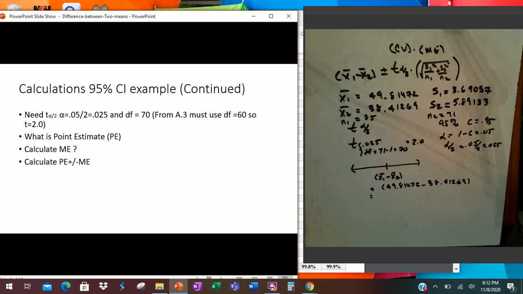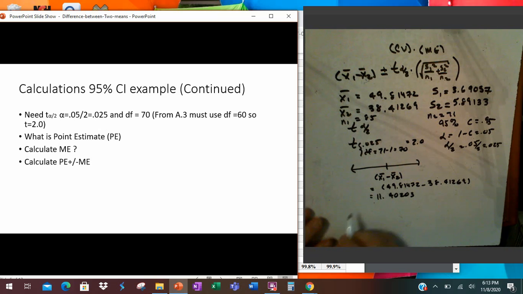And I'm going to run that through the calculator real quick. If I do that, I get 11.40203. I'm going to carry out as many decimal places while I'm doing all my calculations as I can. And then at the very end, I'll round.